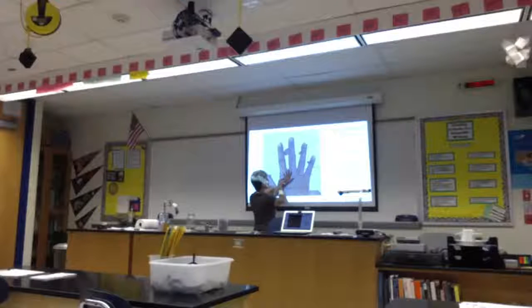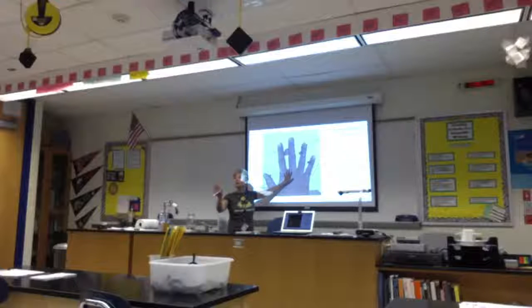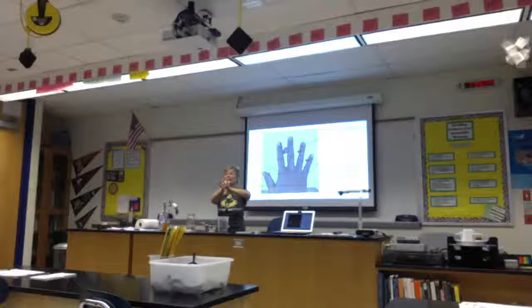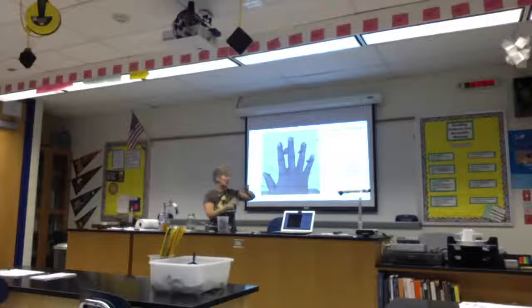So across the knuckles, so right here. I told my girls it doesn't really matter where, as long as it's consistently measured in your room, it doesn't matter where you start, but I had them go from the center, right? They bent it, figured out where that was, and from one end to the other. My girls actually marked their hand to make that easy to find.